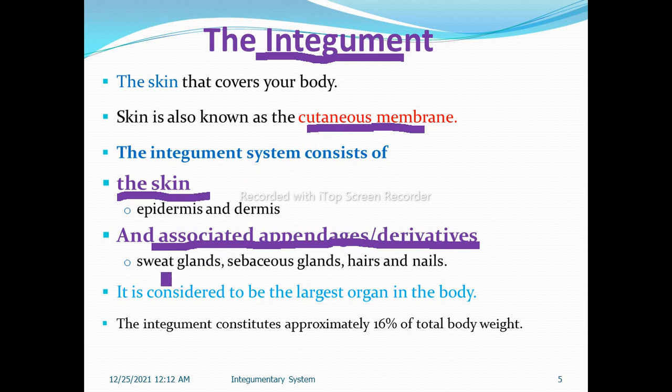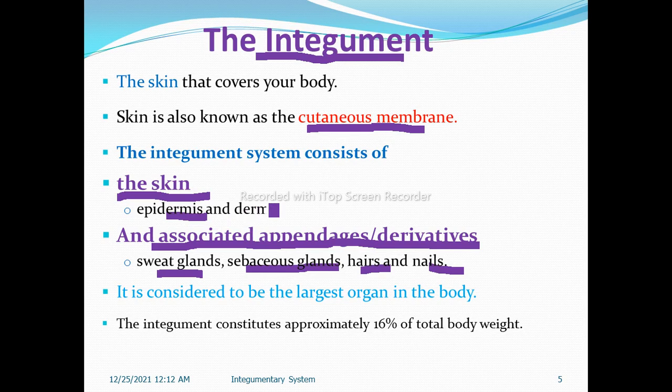Appendages or derivatives are sweat glands, which divide into two: apocrine gland and eccrine or merocrine gland; sebaceous glands, hairs, and nails. Some books classify skin as three layers: epidermis, dermis, and hypodermis.